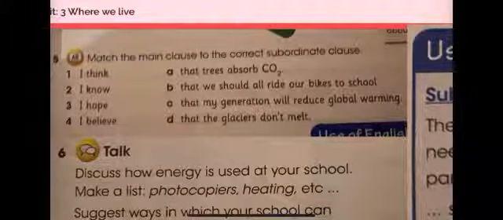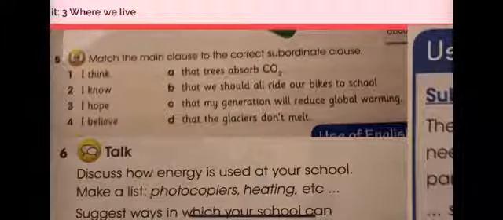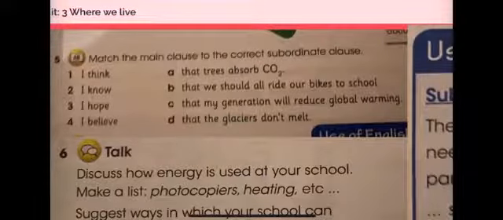So here, what? That the glaciers don't melt. Fine. So just see which subordinate clause will go with which main clause. See which sentence is appropriate with I think, with I know, with I hope, and with I believe. Just match these and then send the picture.